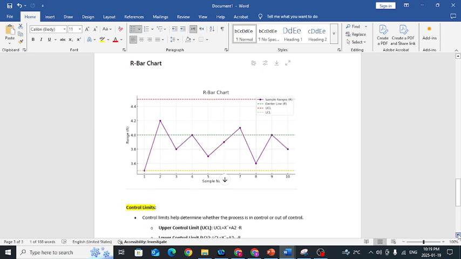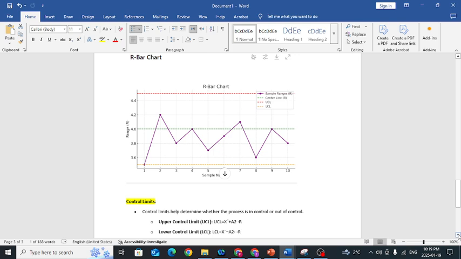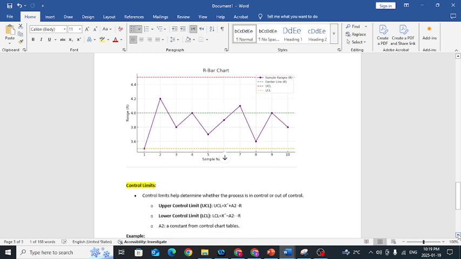According to this data, you can plot this chart, and it is very easy to plot.